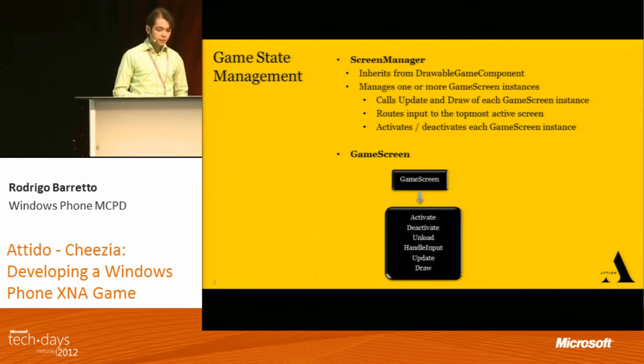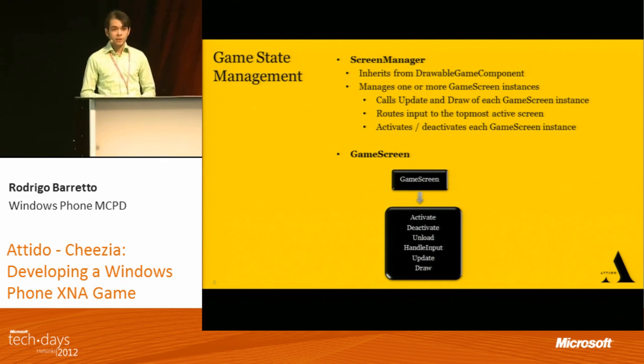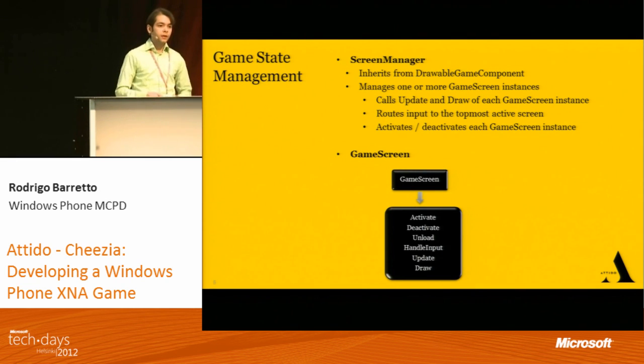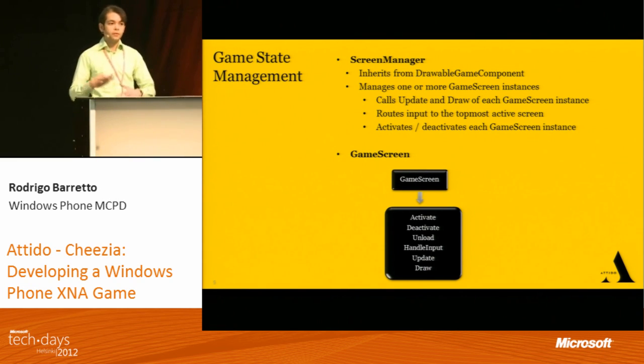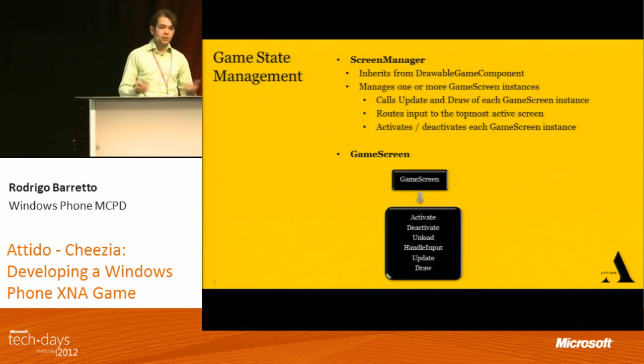In this method, something that's advisable is to have one instance of content manager per game screen. The reason for that is so that you're able to load and unload content whenever you enter or leave the screen. Otherwise, everything is going to be loaded up in your memory, and you're basically just going to explode it. So the game's going to crash at some point.